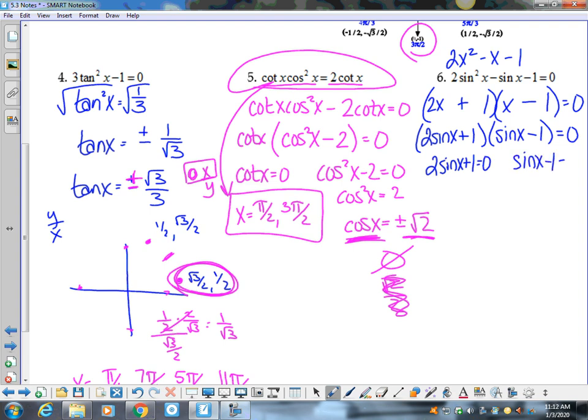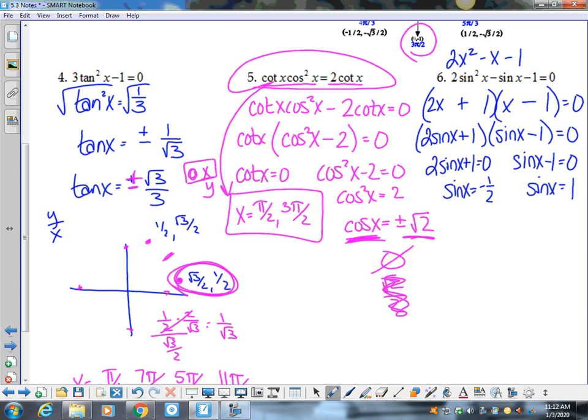And again, if this is going too fast, just pause it, go at your own pace. For this one, I'm going to subtract 1 and divide by 2. And for this one, I'm going to add 1. So I'm going to go on my unit circle, and I'm going to find where sine is a negative 1/2.